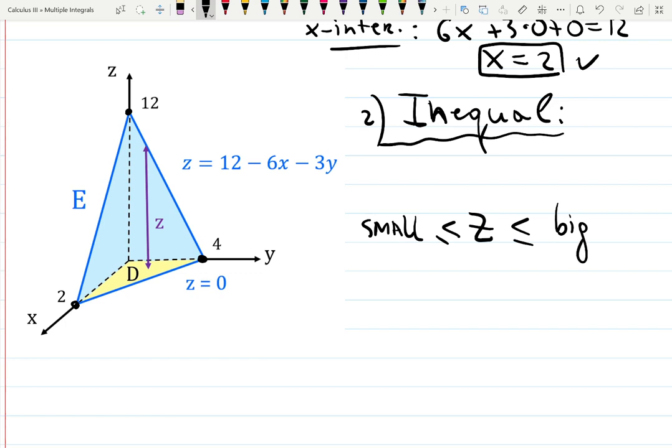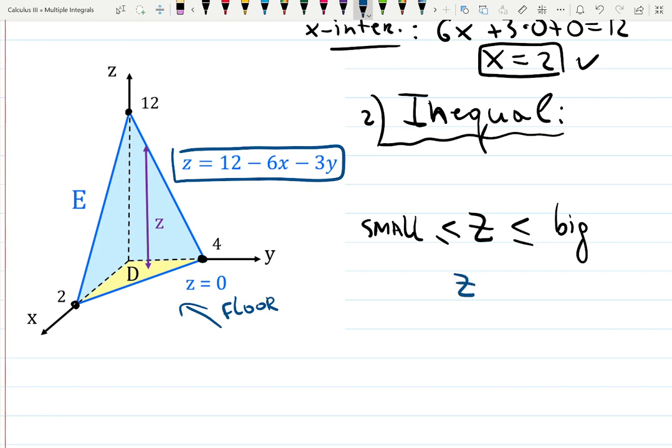I always say it's either right or left, top and bottom, but now there's a z also. Z is changing between the floor, right? Floor, and this plane. So z is between z equals 0, remember functions, and z equals 12 minus 6x minus 3y.